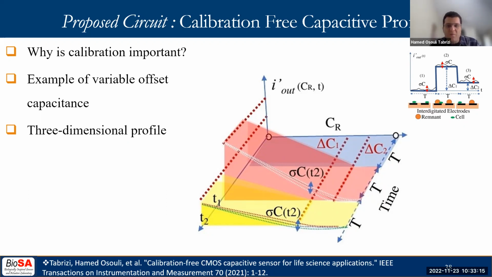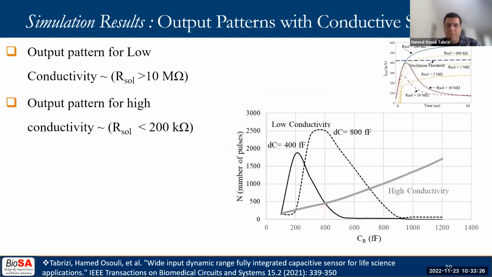This is the basis for calibration-free measurement, since by this method, all possible offset values are scanned in a single measurement thread. Now, based on the calibration-free technique, we are interested in possible patterns of digital output with respect to sweep and CR.